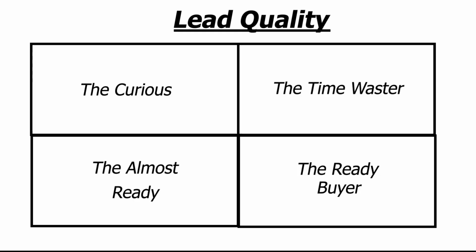Okay, and then we talked about the third group, which is the almost ready group. And here we said this group usually will need a lot of your attention because they are genuinely close. They are interested, they want to take the plunge, but something is holding them back. So here you need to discover or find out what the hesitation really is.